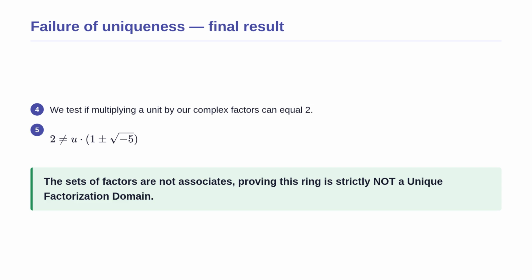It proves mathematically that our two sets of factors are absolutely not associates of one another. Because they are not associates, we have found two completely different sets of irreducible building blocks for the exact same number. This gives the final result that this ring is strictly not a unique factorization domain.